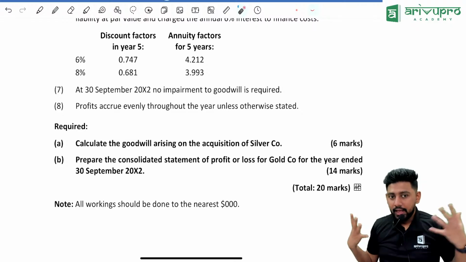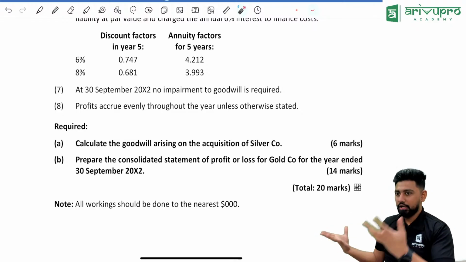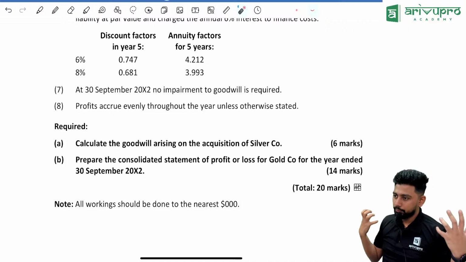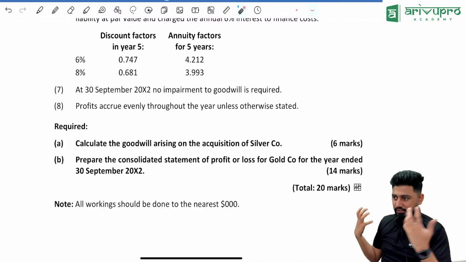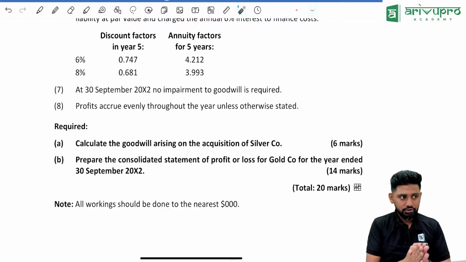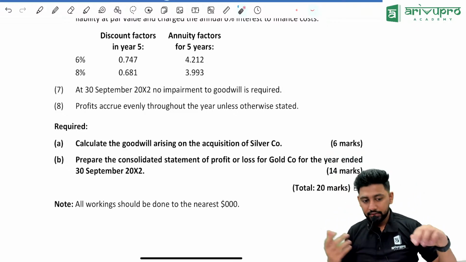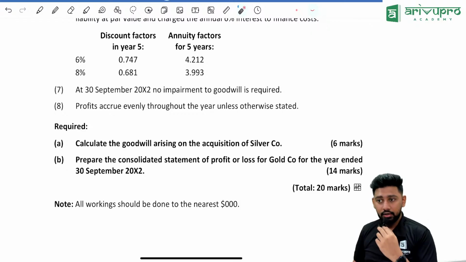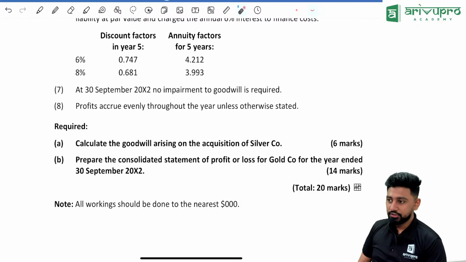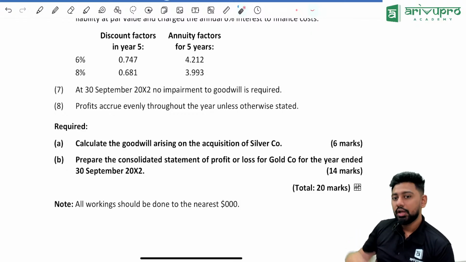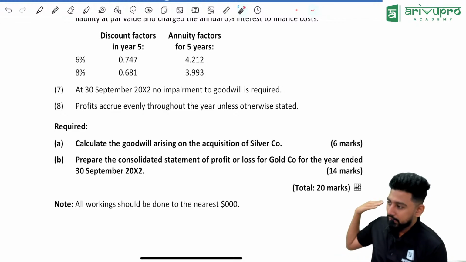Now, there has been a small change, a slight change in how you present your financial statements. All these days we had IAS 1 presentation of financial statements. Now we do not have IAS 1 anymore.